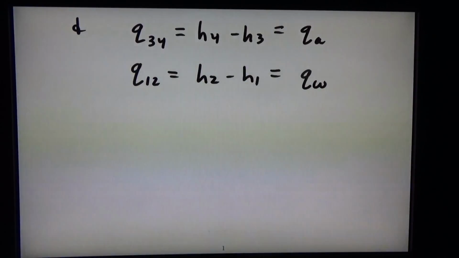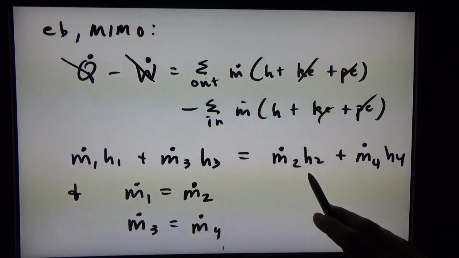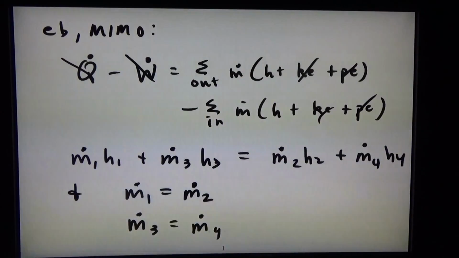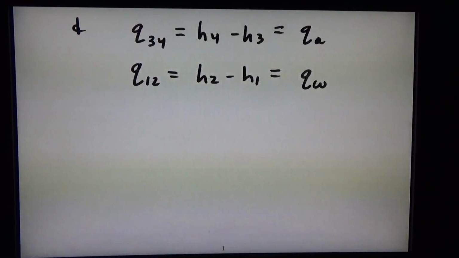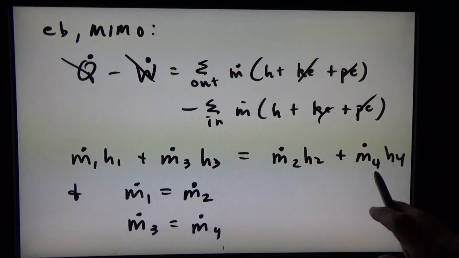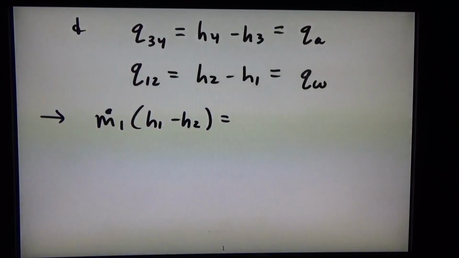So if we plug that all back into the grand energy balance equation, first of all we see here m dot 1 and m dot 2, those are the same, so we're going to combine those two terms. We have m dot 1 times (h1 minus h2). Then we're going to combine on this side, m dot 4 is the same as m dot 3, so we have (h4 minus h3).